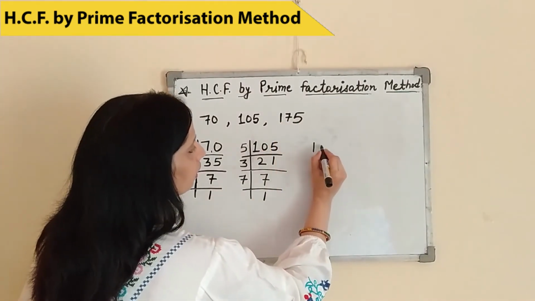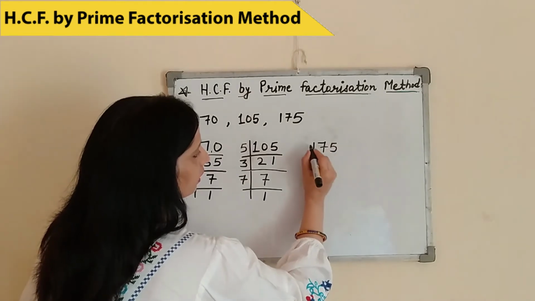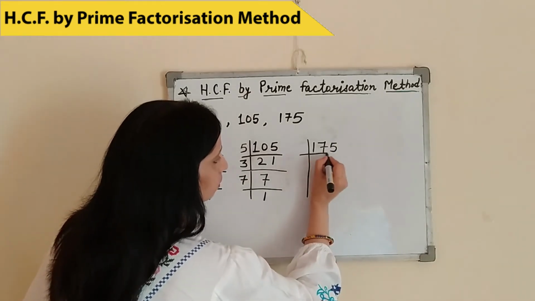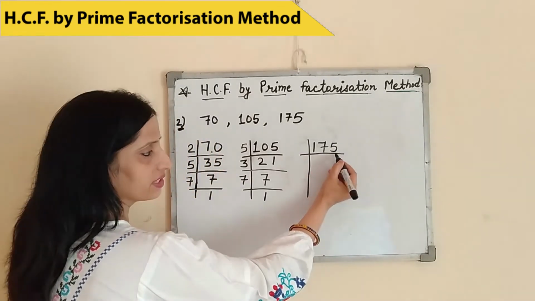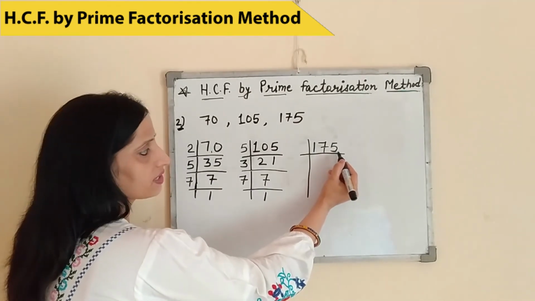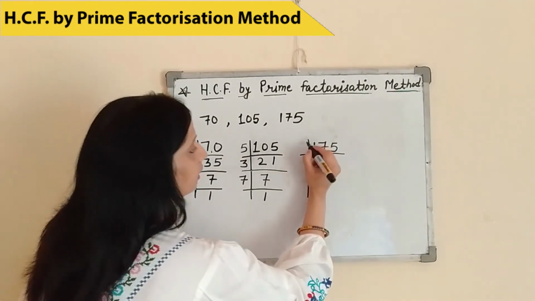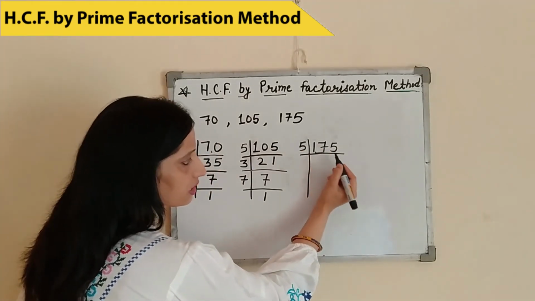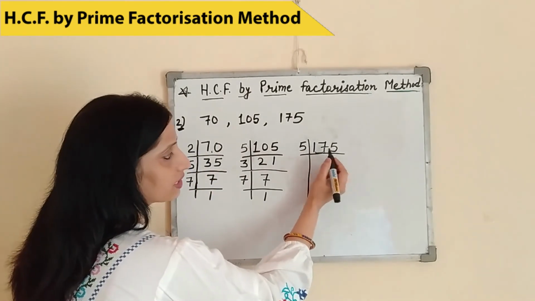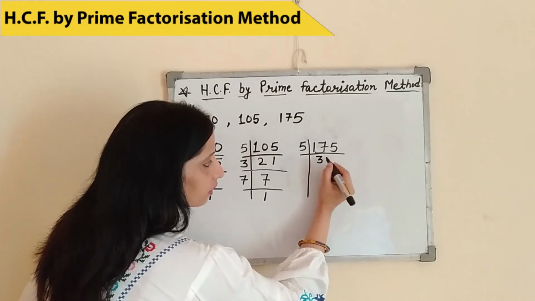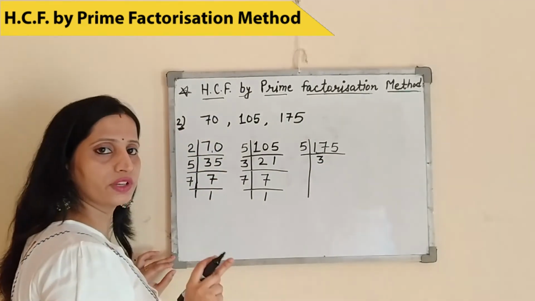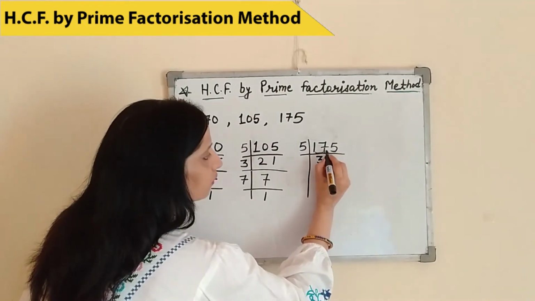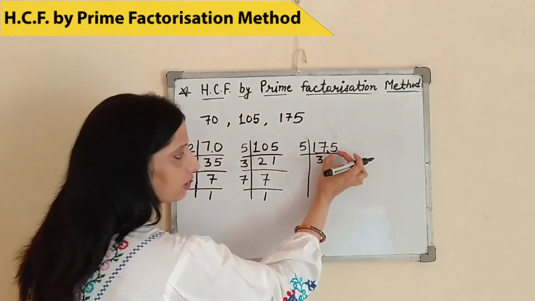Now we will do the prime factors for 175. Here 5 is at the ones place, so again we will start dividing by 5 only. First we will take the first two digits, 17. 5 3s are 15. And 17 minus 15, 2 will be left. So 2 we will write here as a superscript, little one, 25.